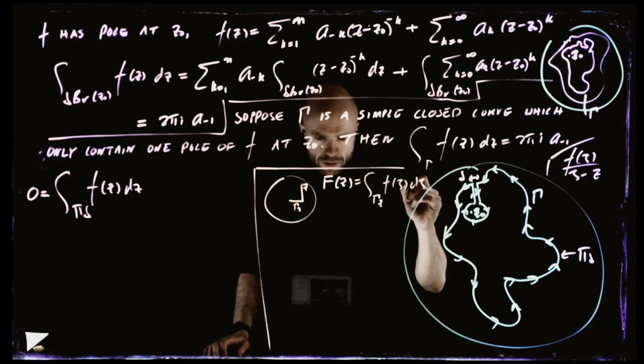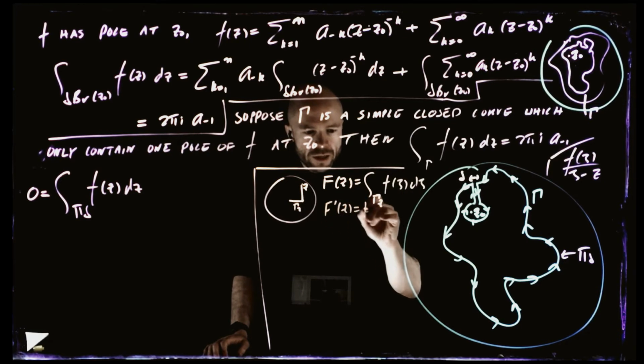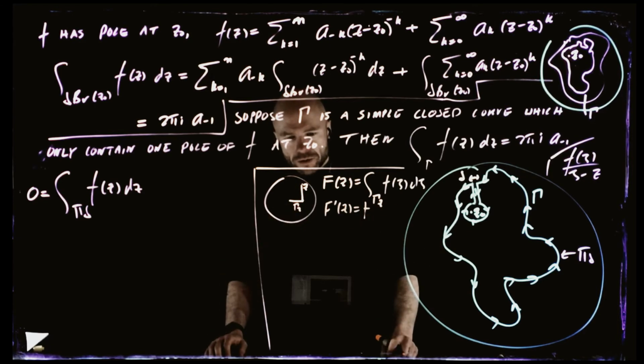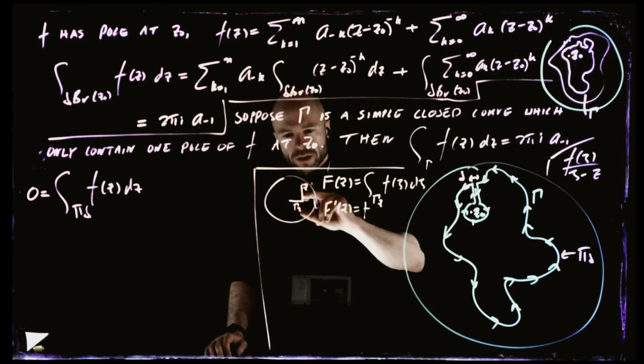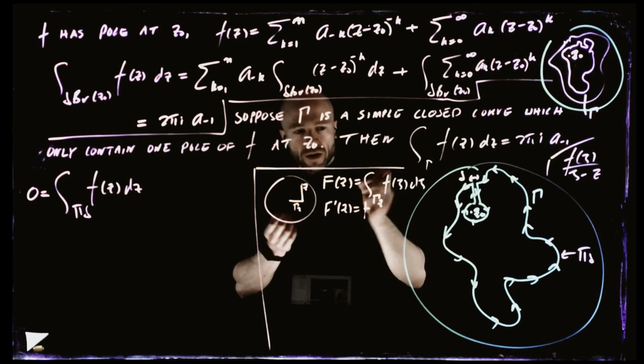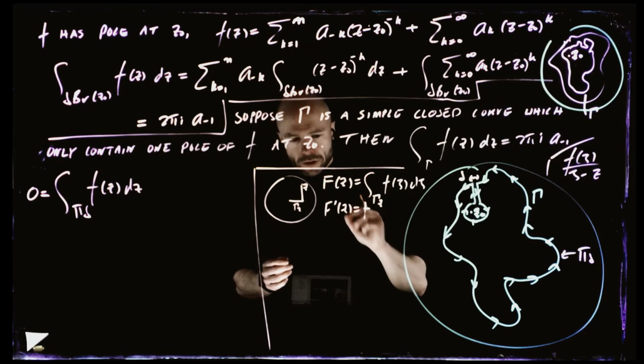And then we proved that F prime of z is equal to little f, and therefore it has an antiderivative, and therefore every closed curve integral is equal to 0. The fact that we can do this uses Cauchy's theorem, because this is only well defined because of Cauchy's theorem. That's the order of events.